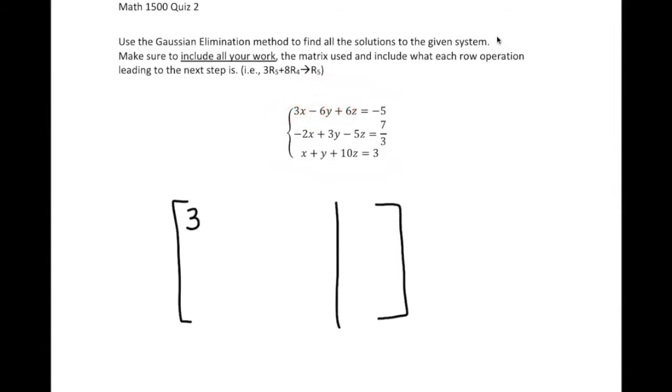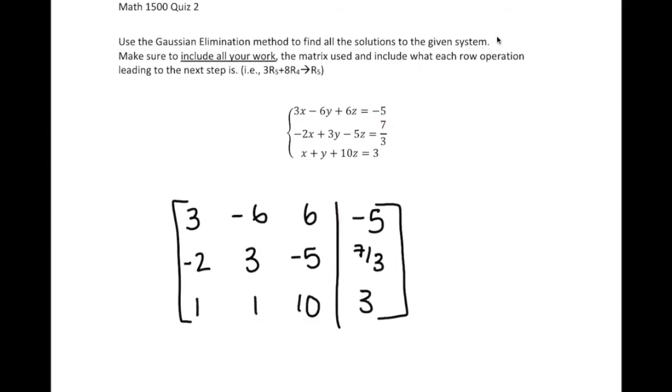So we have 3 that corresponds with this 3, -6 for this -6y, +6. And then here is the equal sign, and then -5 on the other side. All right, so we continue this pattern and fill out the rest of this matrix. 7/3 here. We have 1, 1, 10, and 3.